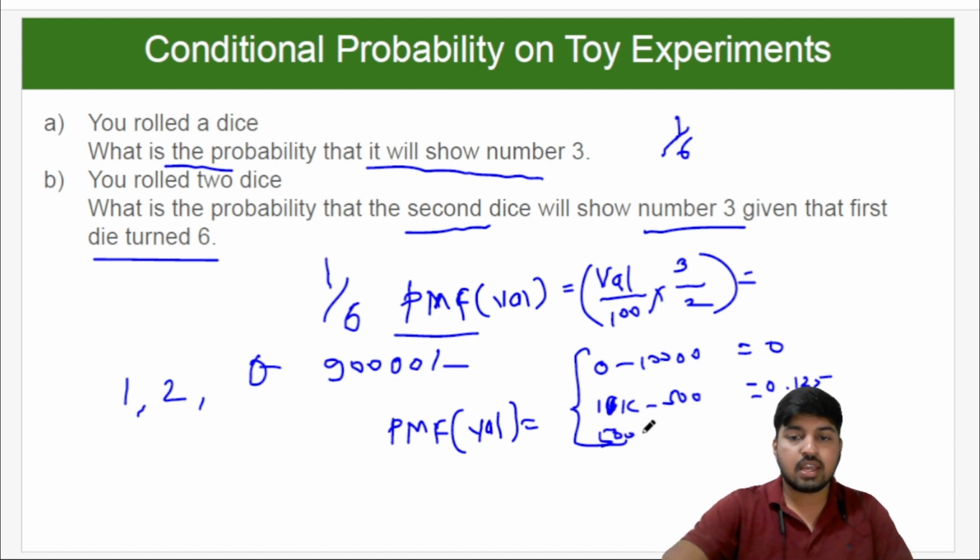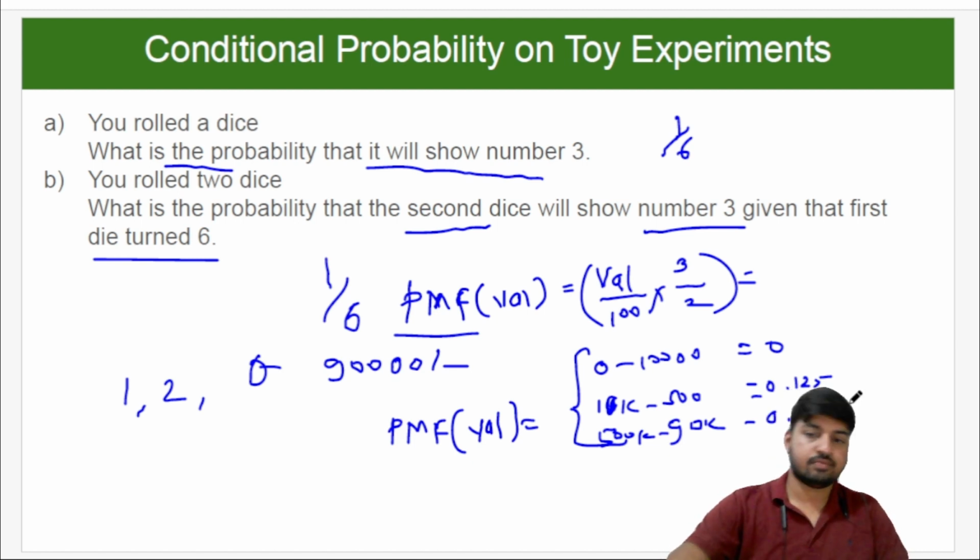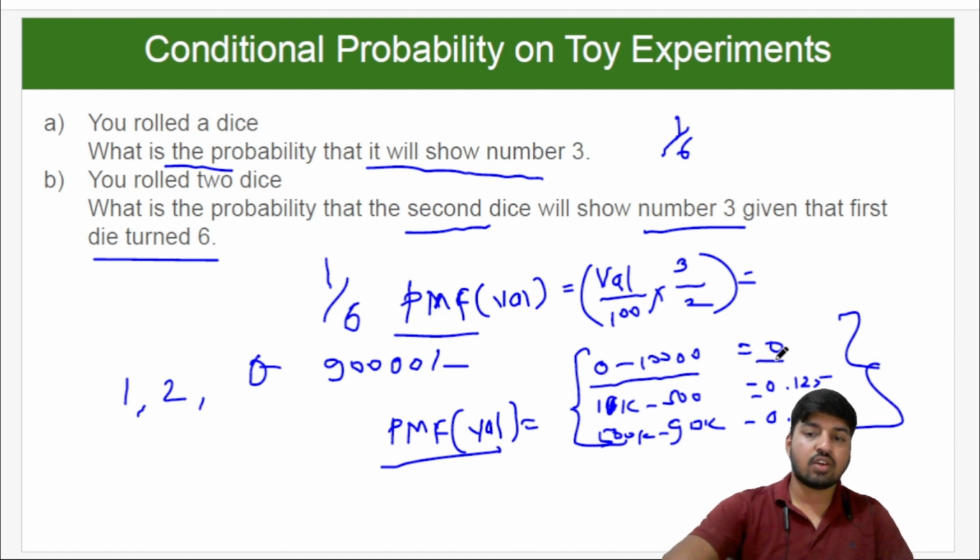And from 50k to 90k, it is 0.875. Okay, so this is what I will just explain you as my PMF. So it will take values for this function up to these values with this probability, this probability.